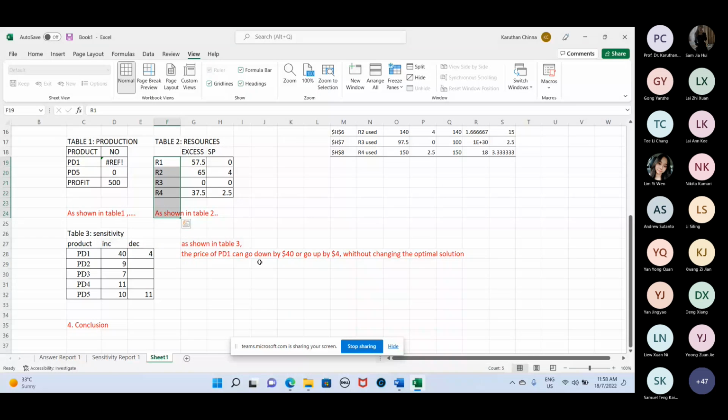Questions? How many pages will it take? 1 to 2 pages. And don't make the font size 14, 16. Only 12. And don't make the line spacing 5, 6, okay? 1.5 is okay.